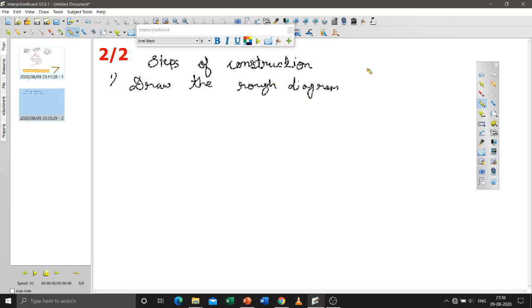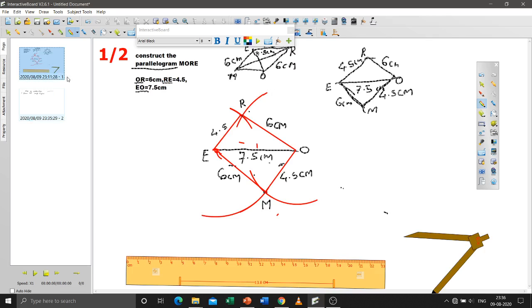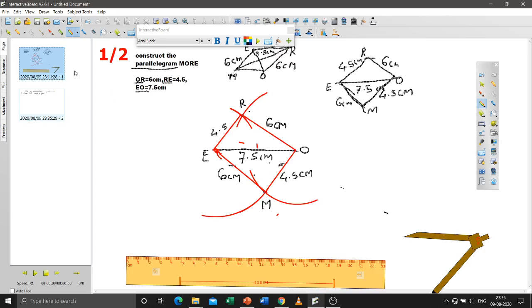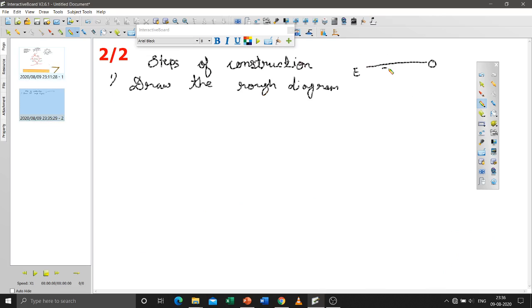First of all, we want to draw the diagonal. What is the name of the diagonal here? We see EO. So first of all, we'll draw EO of 7.5 centimeter. This is our R, this is our M. M-O-R-E.